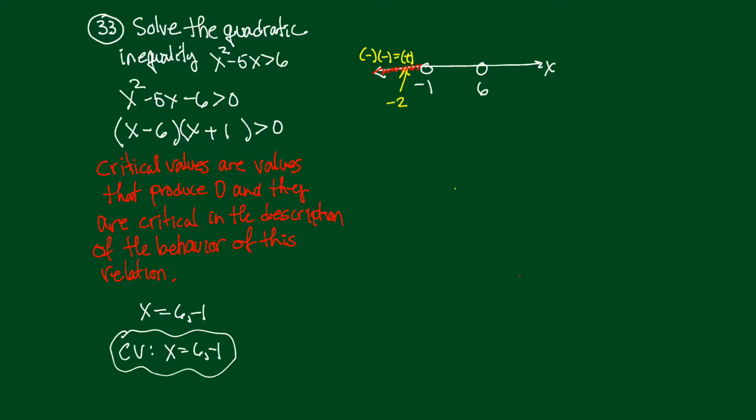Now, let's test a point in this interval, like a nice easy point to check. Check at any one of them, any number between negative 1 and 6. I think an easy one to choose here is 0. So if I chose 0, now take that 0 and put it back into our factored form. If I put 0 here, I get a negative.